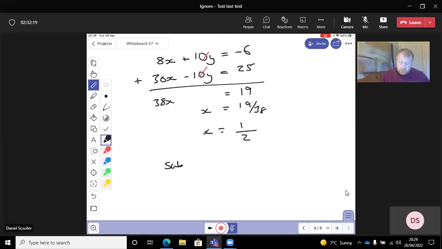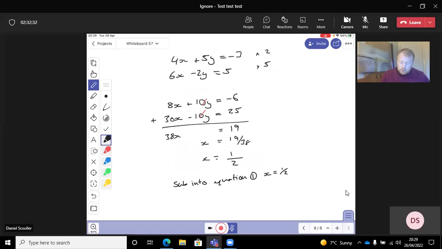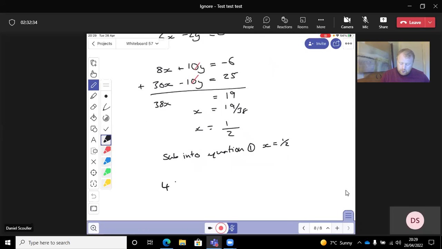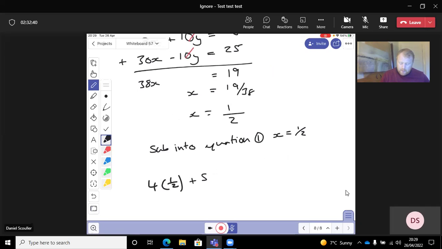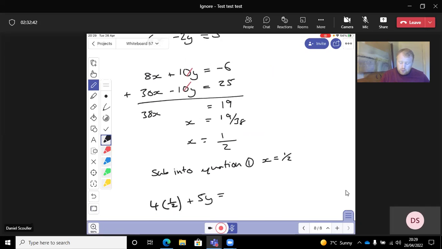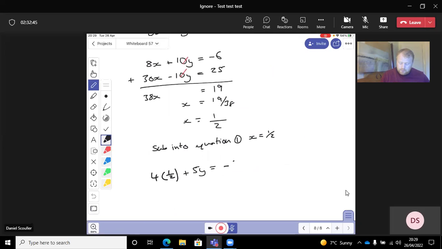So sub into equation 1, x equals a half. Equation 1 is 4 times x, so 4 times a half, plus 5y is equal to -3.